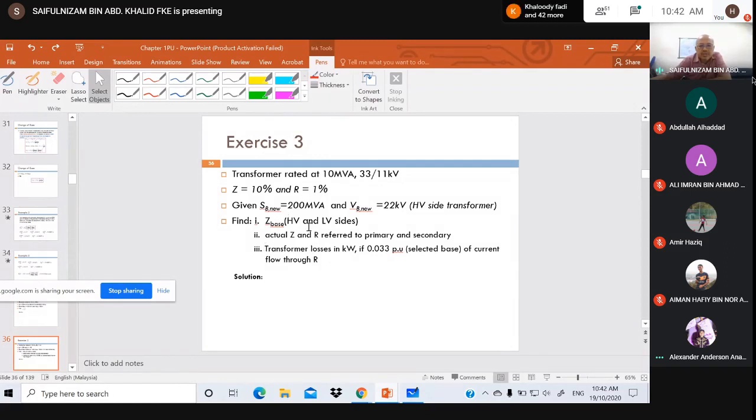I'm going to solve this example problem, exercise 3. Any questions so far? Or you can try now. Try to open the forum in the e-learning.